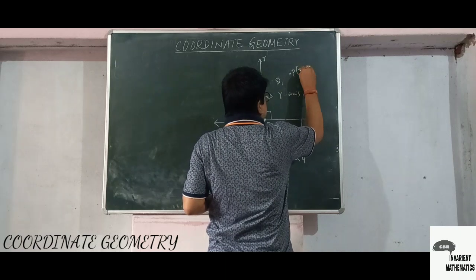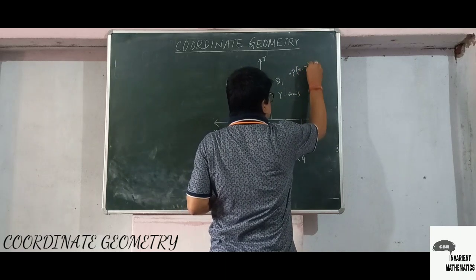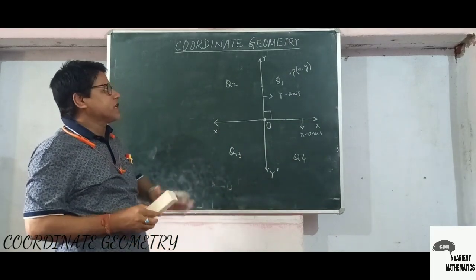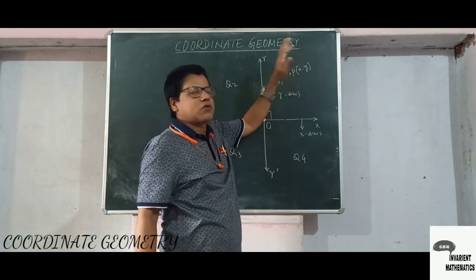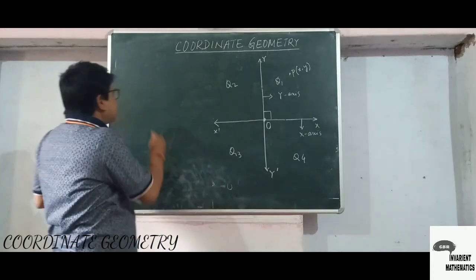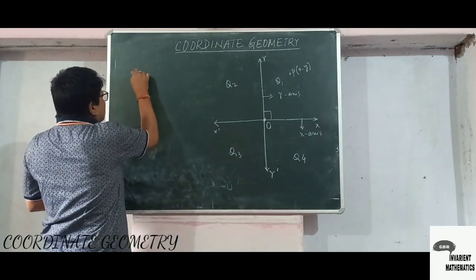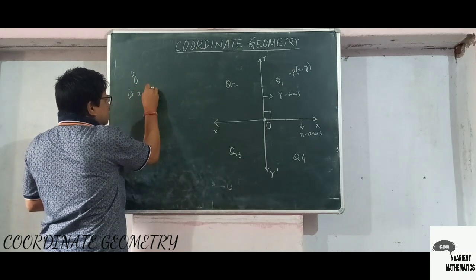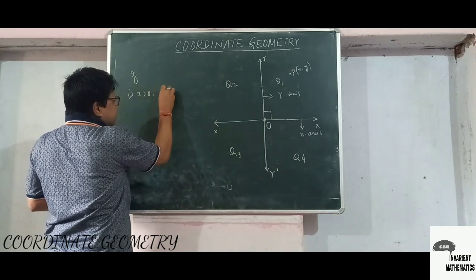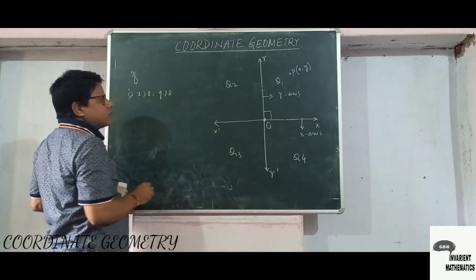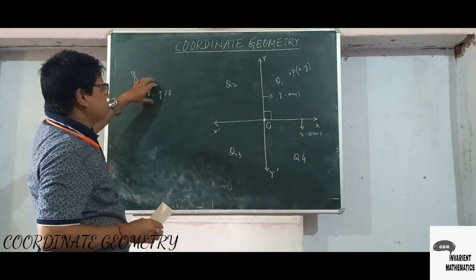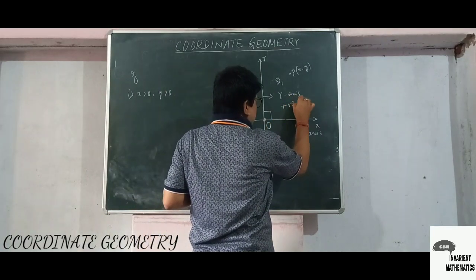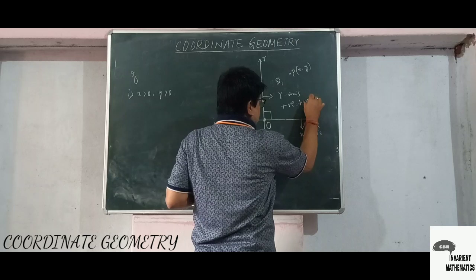when a point is in the first quadrant, let P(x, y) be any point. Where is the location of point P(x, y)? Number one, if x is greater than 0 and y is greater than 0, that means the x-coordinate is positive and the y-coordinate is positive.